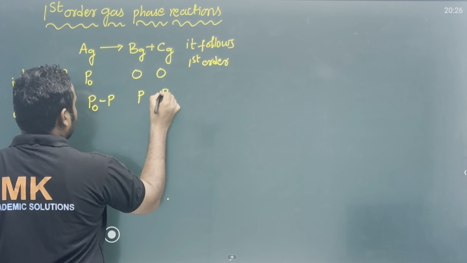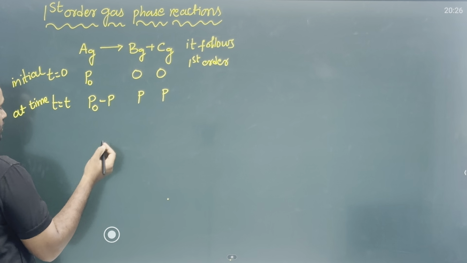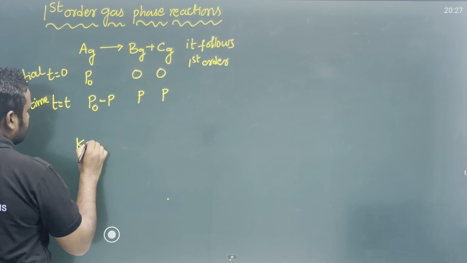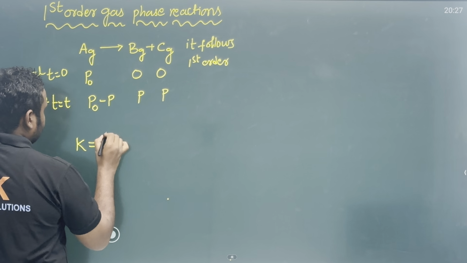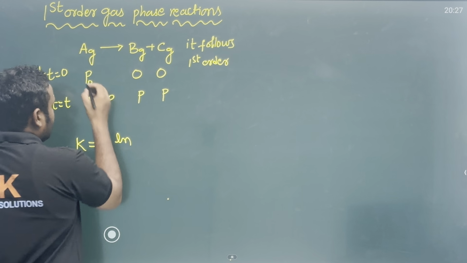Now, according to the rate constant of a first order reaction, what is the rate constant? K is equal to 1 by t ln of initial concentration.